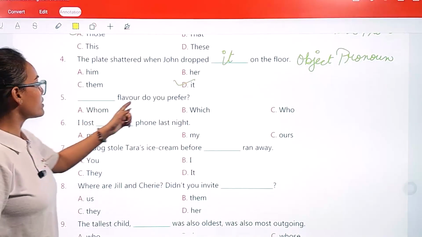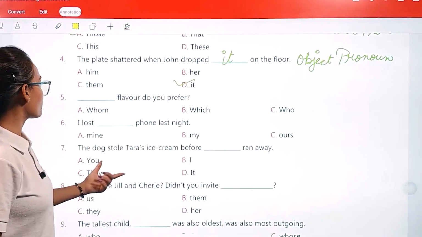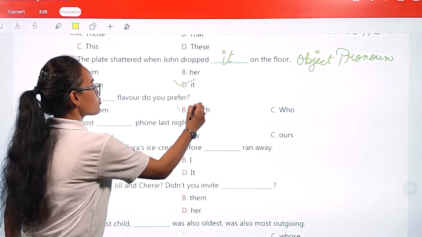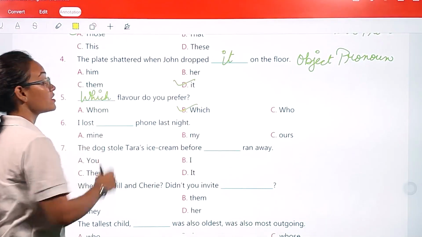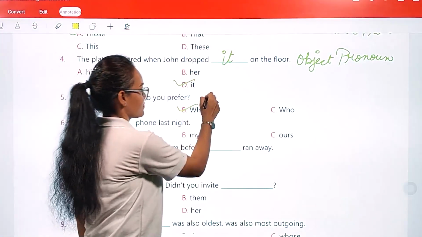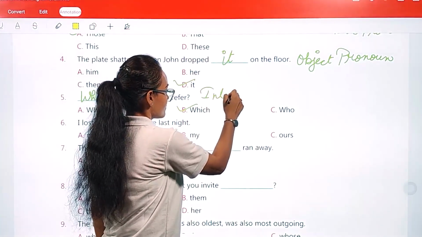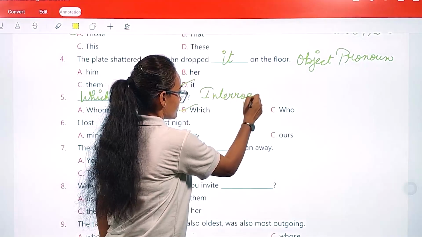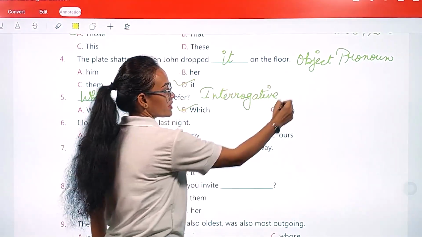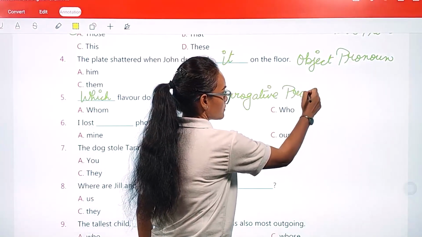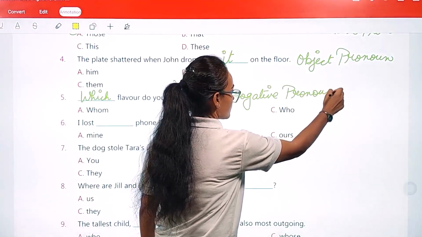Now, dash flavor do you prefer? Which flavor do you prefer? So it is asking, interrogative pronoun. Okay.